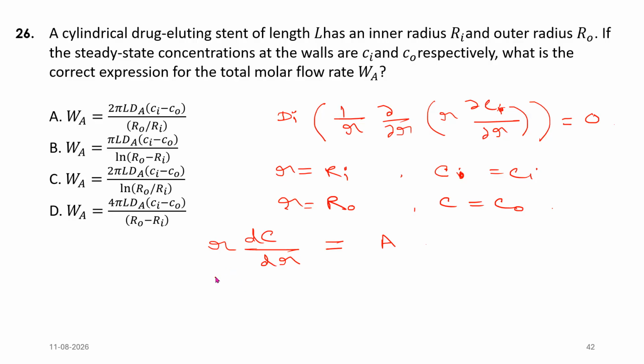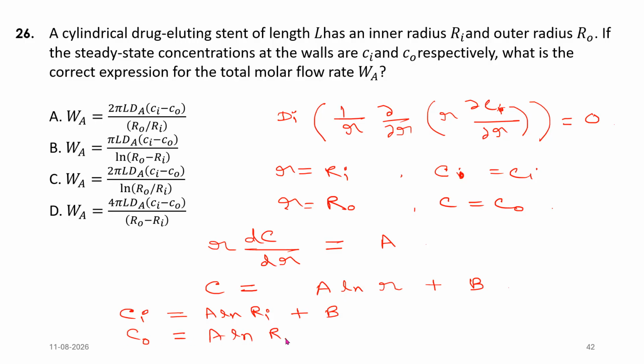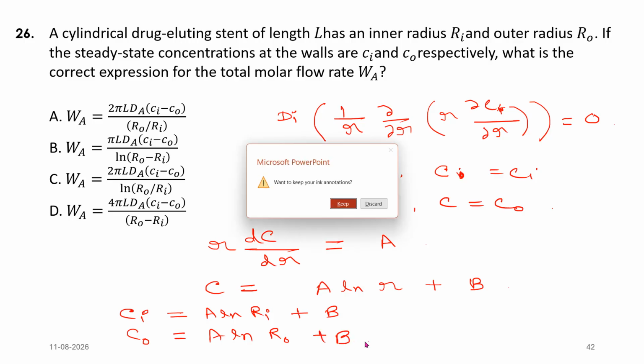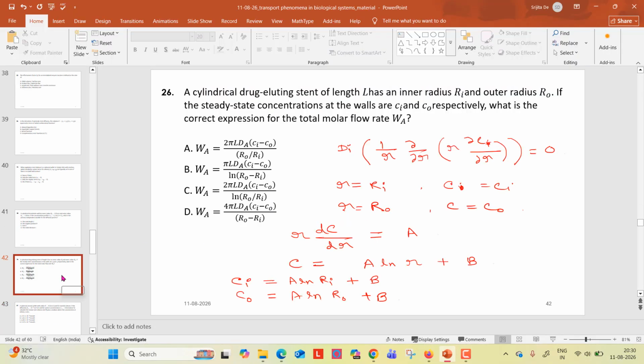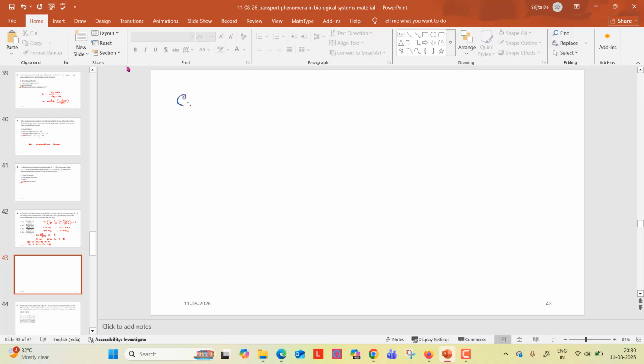Now to calculate it, C will be A ln r plus B. If you put in the values, Ci equals A ln Ri plus B, and Co equals A ln Ro plus B. If you take the negative of it, Ci minus Co equals A ln Ri by Ro.